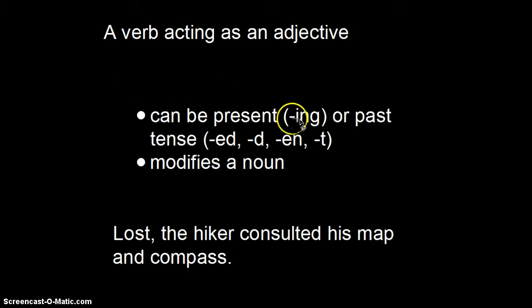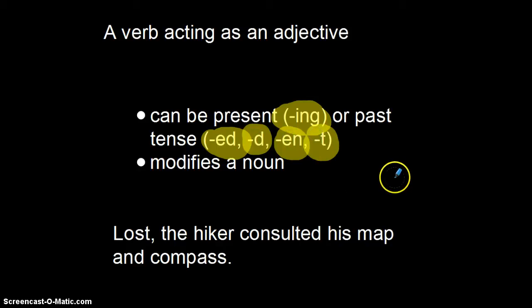And it can be present, and you know it's a present participle when you see this -ing, or past with -ed, -d, -en, or -t. There are lots of different endings you can look for, but the most important part, and this is what you have to remember, is that it modifies a noun. That's what adjectives do, they modify nouns.